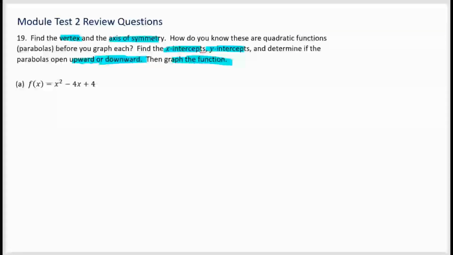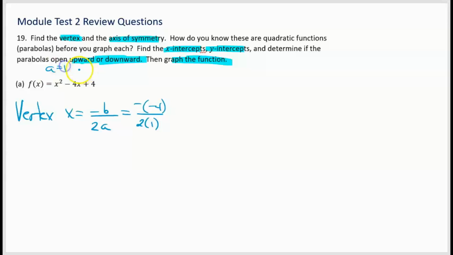So to find the vertex, remember what we talked about, you calculate x is equal to negative b over 2a. So that's the negative of negative 4 over 2 times 1, because your a right here is 1, your b is negative 4, and your c is 4.